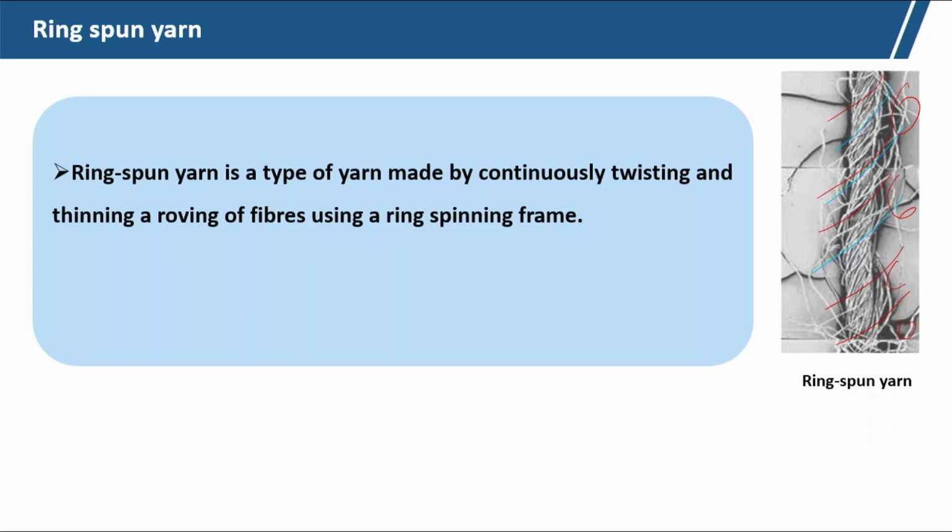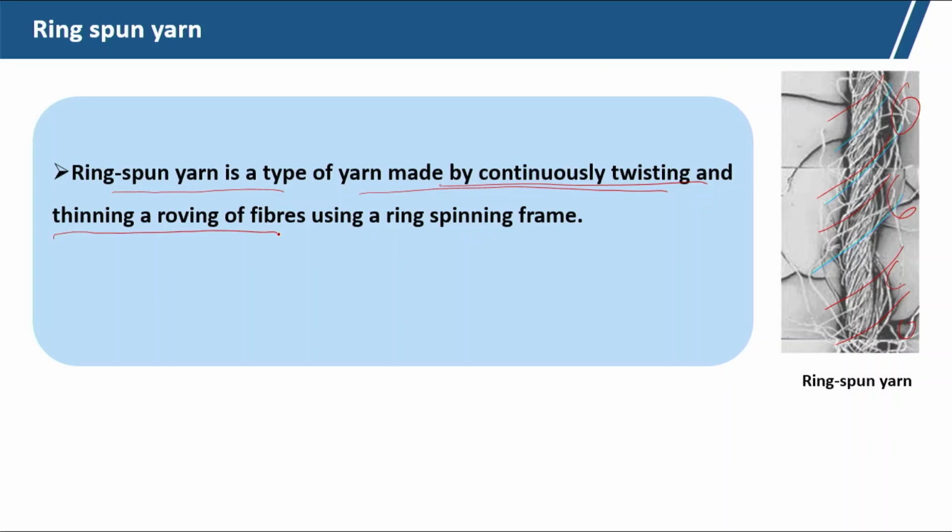Ring spun yarn is manufactured with different processes like blow room, carding, draw frame, roving frame, ring frame. Ring spun yarn is a type of yarn made by continuously twisting and thinning a roving.